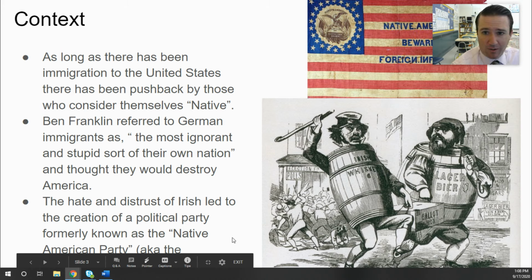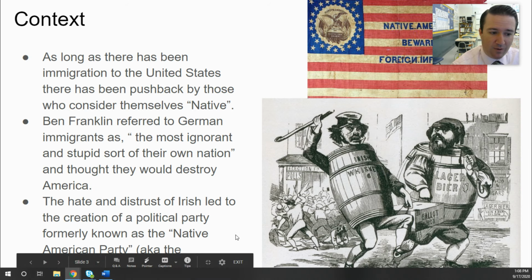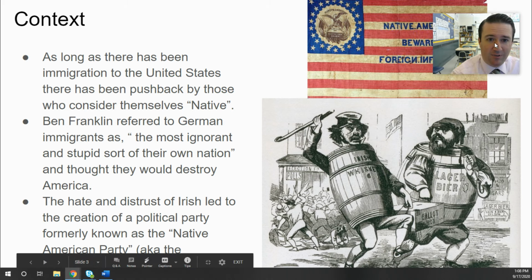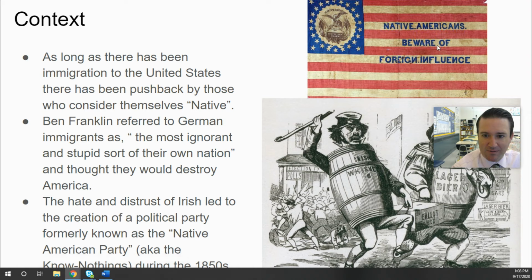There was a political party formed known as the Native American Party, whose sole purpose was to end immigration from Ireland and send the Irish back. They were also known as the Know Nothing Party, and that was pretty much the one-ticket campaign they were fighting for. You can even see one of their campaign, I'm going to say ads, but signs.